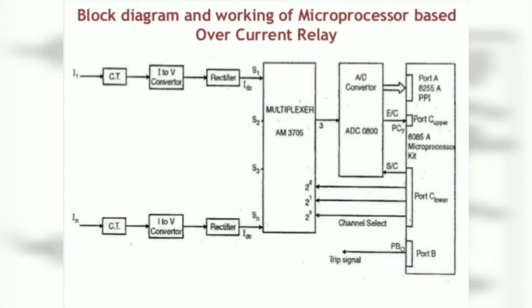So we require a setup like CT to voltage converter, the voltage is given to the rectifier, then to the multiplexer, and the multiplexer output is given to the ADC, or analog to digital converter. It will convert it to 5 volt. After the ADC, the output is given to the microprocessor. The analog to digital converter ADC 0800 has been used for this purpose.